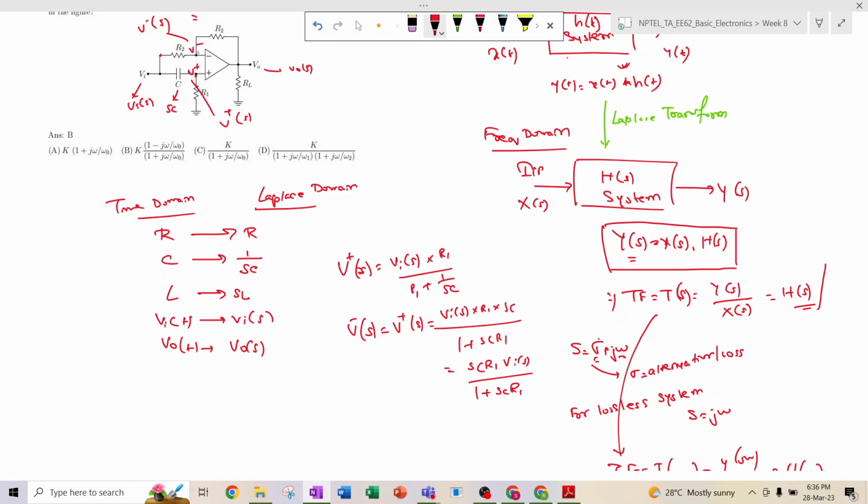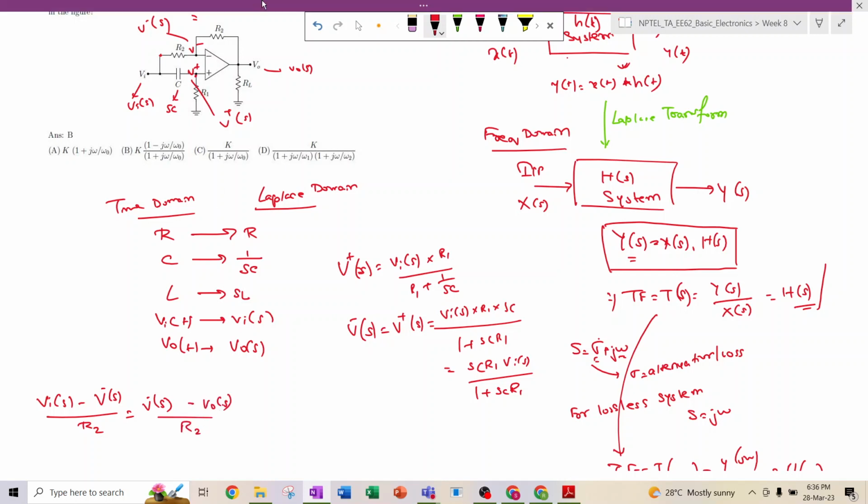So now we know V minus S, and here also it is Vi of S. If we apply the current flowing through this, Vi of S minus V minus S divided by the resistance R2 is equal to V minus S minus Vo of S divided by the feedback resistance R2, because no current flows into this op amp, it is ideal.